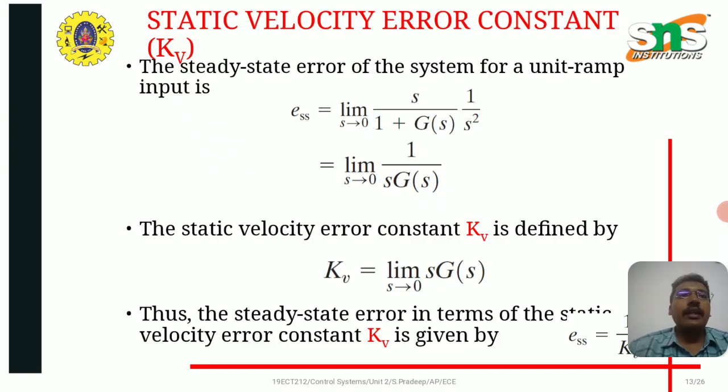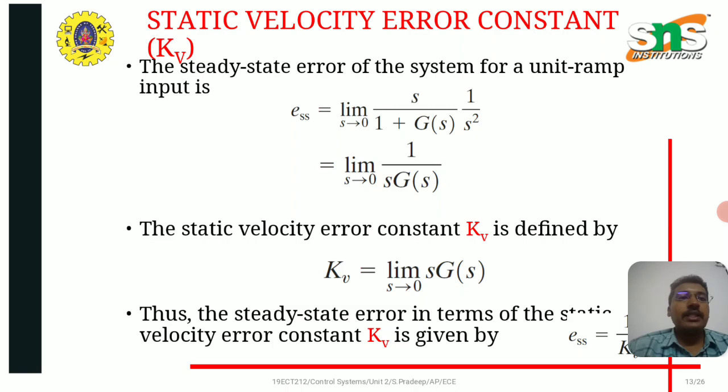The steady state error of the system for a unit ramp input is E equal to limit s tends to infinity 1 by s into G of s. The static velocity error constant Kv is defined by Kv equal to limit s tends to 0 s into G of s.